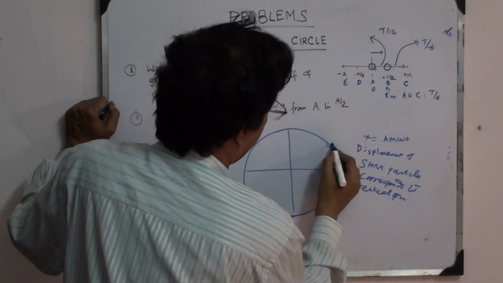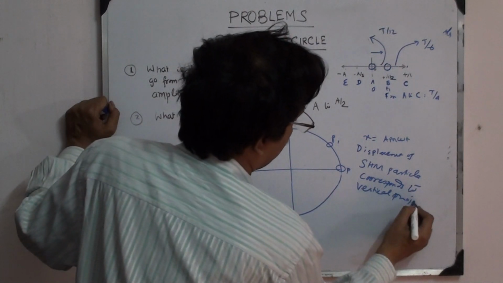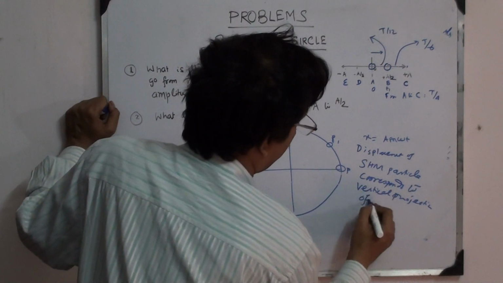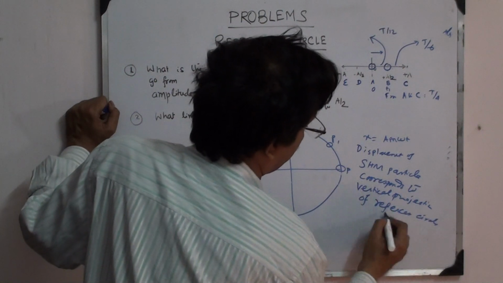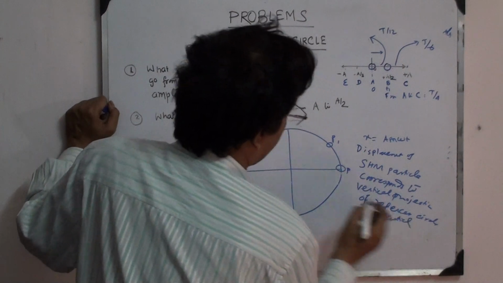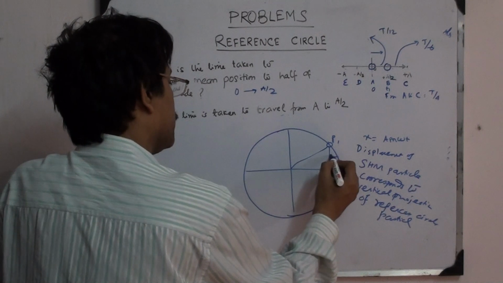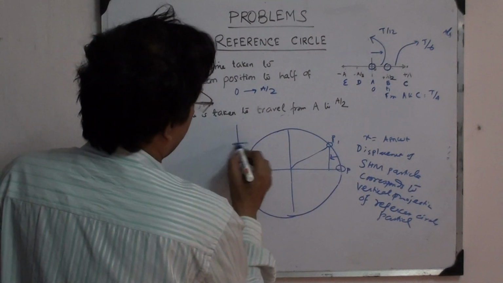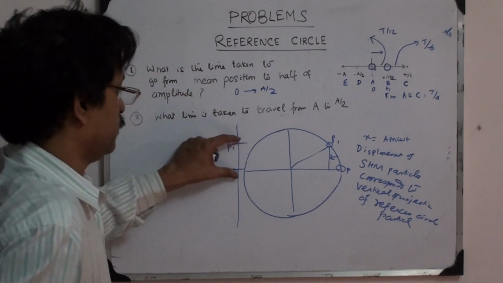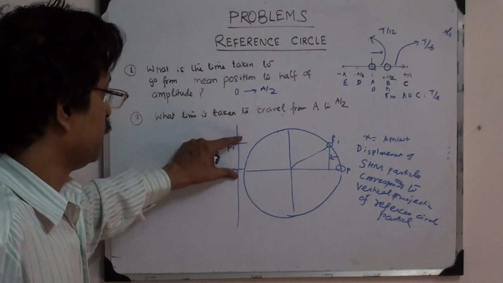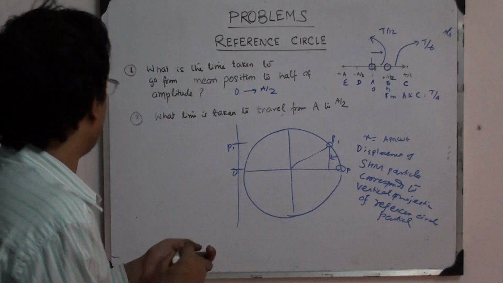If the particle is P, here it is P1, the vertical projection of the reference circle particle. So this is my assumption of the reference circle, and that is A sin omega t.